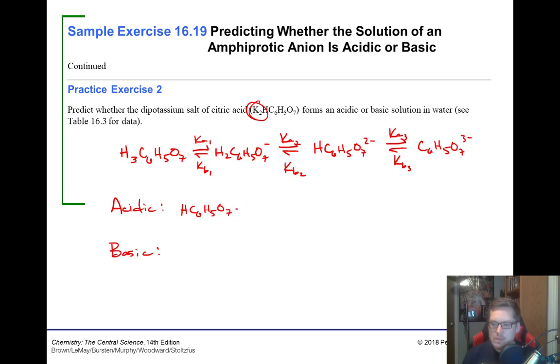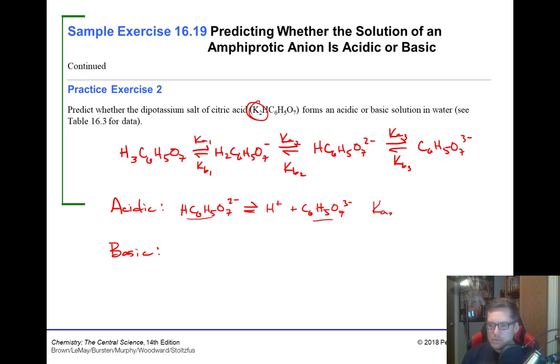So if this acts like an acid, then you're going to be forming H plus and C6H5O7 3 minus. I guess this should have been a 2 minus, excuse me. Anyway, this reaction going from this guy to this guy is our Ka3 reaction.